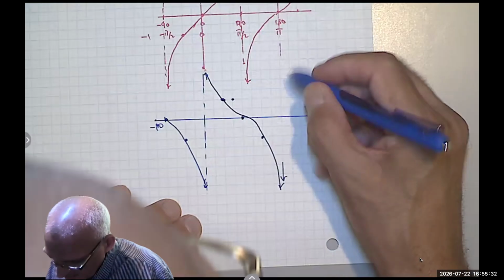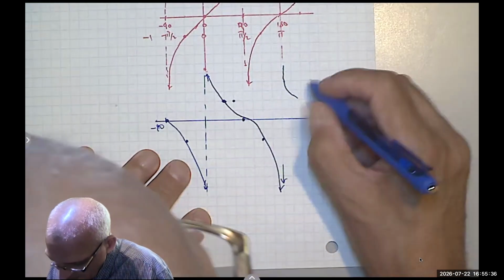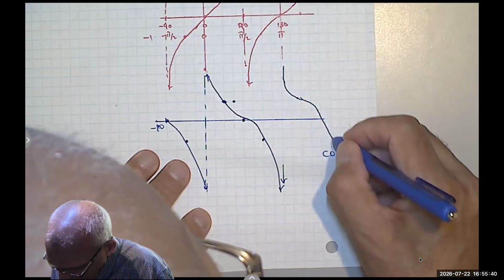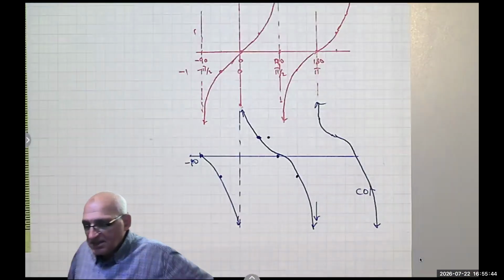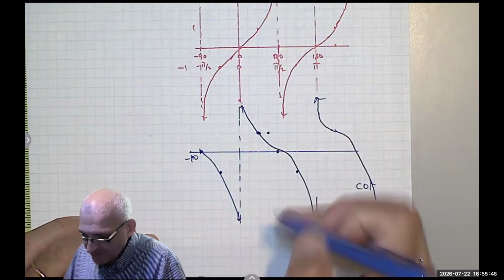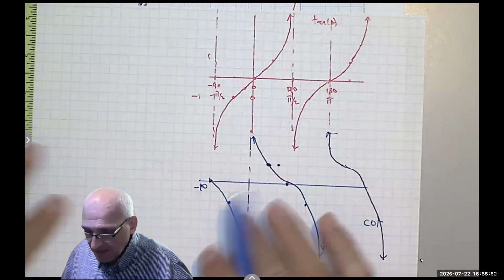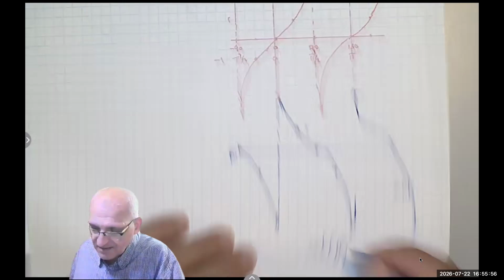And then this again comes from here to the 1, and then goes to negative 1, and then negative infinity. And it will keep repeating. Wherever here is 0, that would be an asymptote. Wherever this is an asymptote, that becomes a 0, because it's the opposite. And these are the six graphs, with cotan of theta.